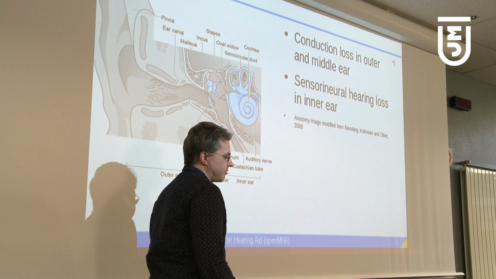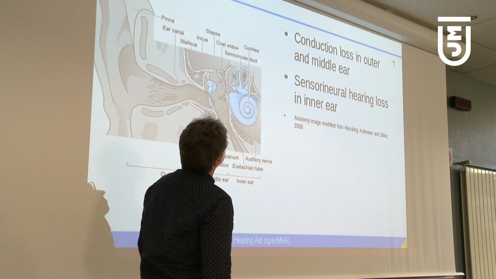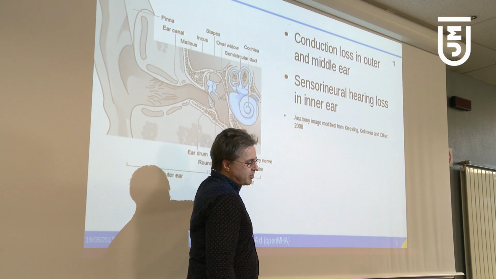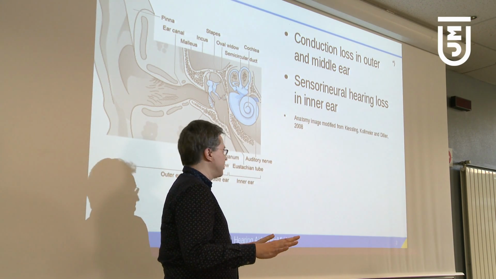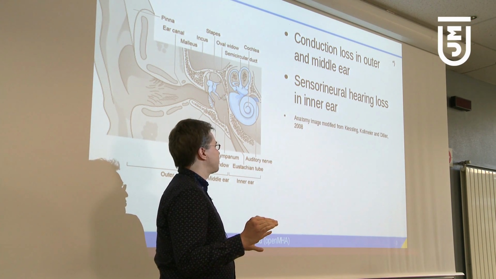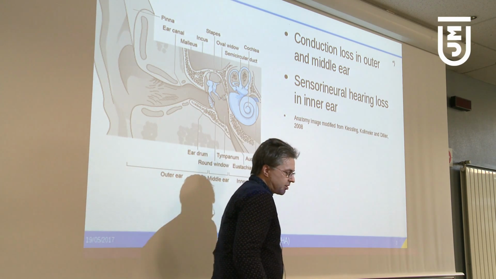So the oscillation of this one membrane. On one of these membranes sits the organ of Corti, which is where basically the sound vibrations are translated to nerve impulses. And I will show you that in the next slide.